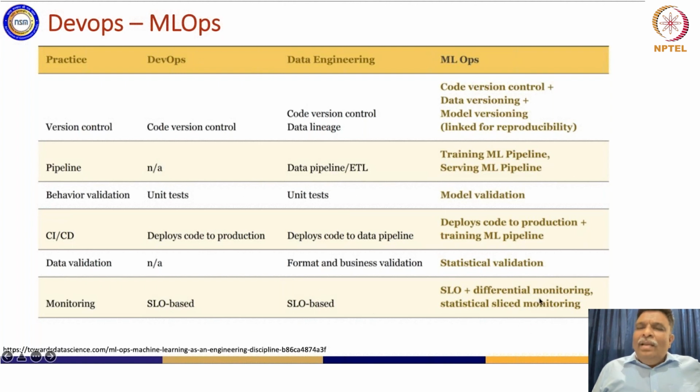Then in case of MLOps, there are service level objectives, service level agreements, and then there is something called differential monitoring and statistical slice monitoring. This is basically an advanced version of monitoring. We're not going into the details of any of this, but trying to link DevOps with MLOps, along with the new pipeline which got introduced because of data engineering.